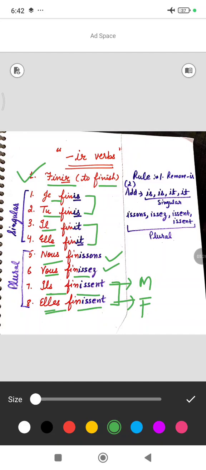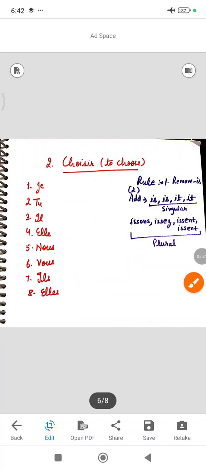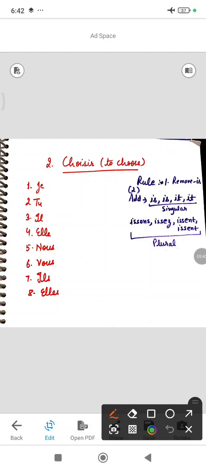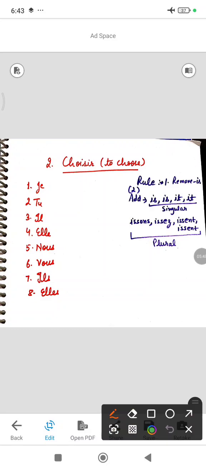So let's see any other example. Next we have choisir. Choisir means to choose something. Choisir. Okay. So in a similar way, what is rule number 1? Now tell me what is rule number 1? We have to write 8 subject pronouns. What are the 8 subject pronouns? Je, tu, il, elle, nous, vous, ils and elles.